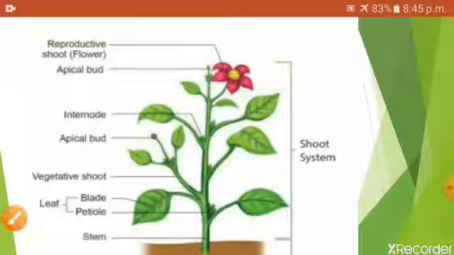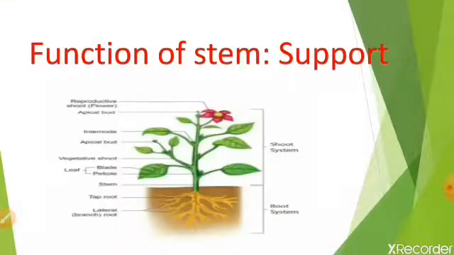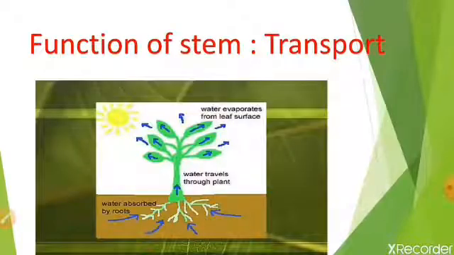Children, do you know what is the important function of stem? Yes, the stem supports the branches, leaves, flowers and fruits. And the stem transports water and minerals from the roots to the upper aerial parts of the plant.